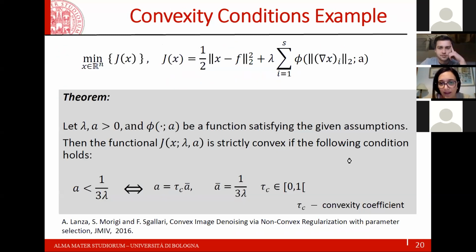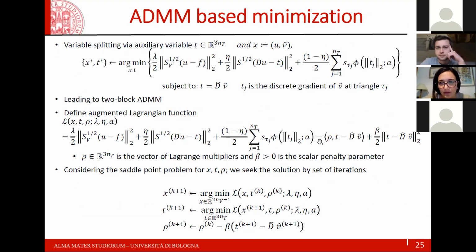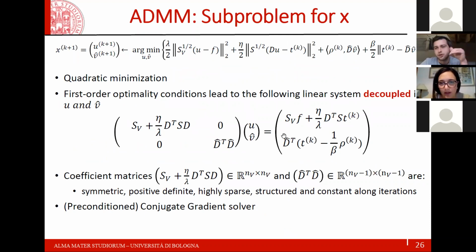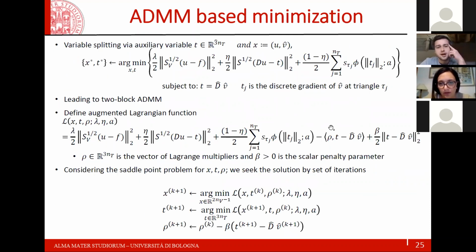But within the ADMM iterations? We didn't incorporate it inside the ADMM.